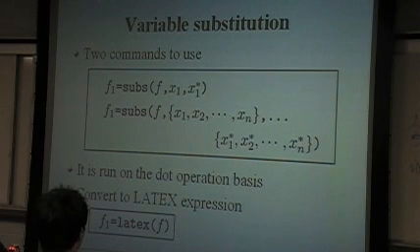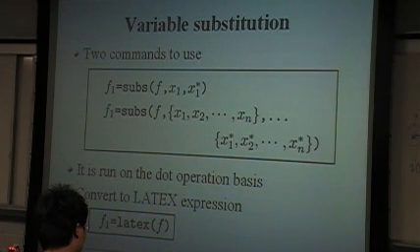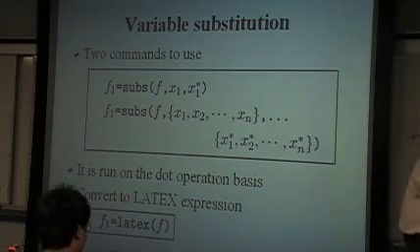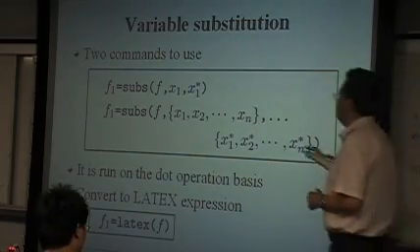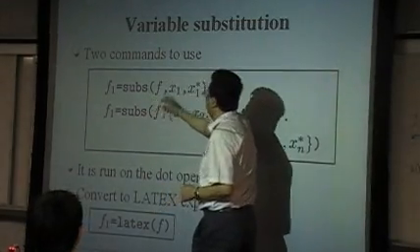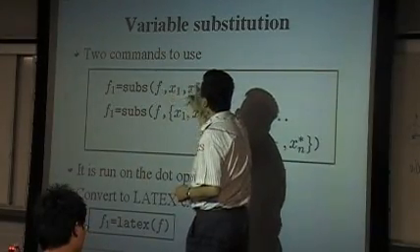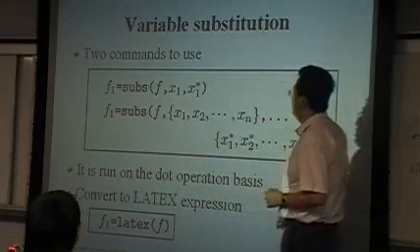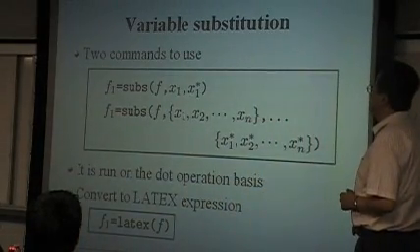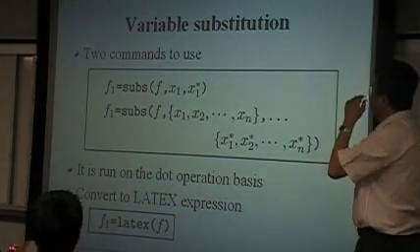Also, we will consider variable substitution. For instance, if in the function the variable is x1, and you want to replace it by x1 star, you can use subs, and replace all the x1s in the f function by x1 star. So this is the function we use. I will give you examples later on.